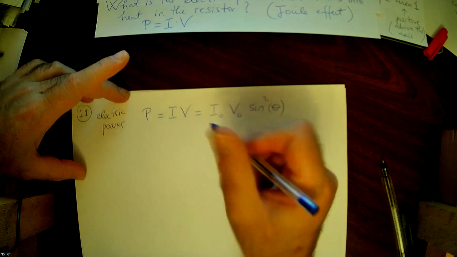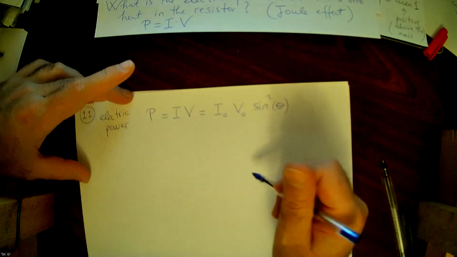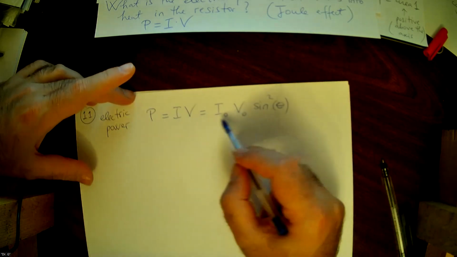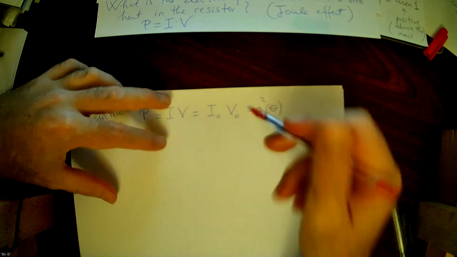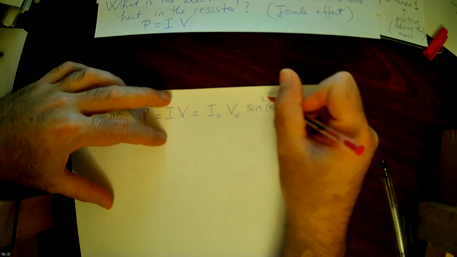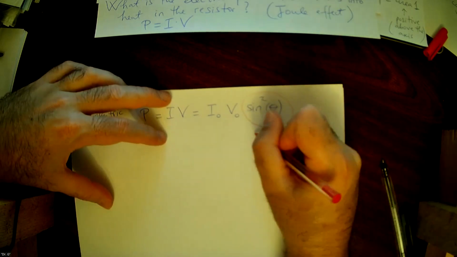I0 V0, this is what I call the maximum power. As you can tell, the maximum value of sine squared is 1.